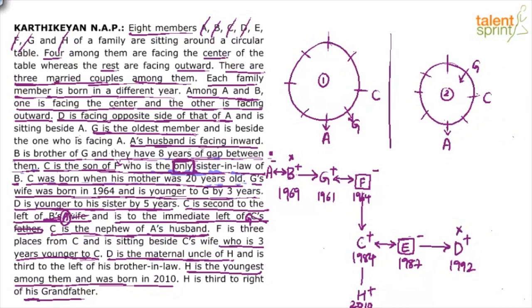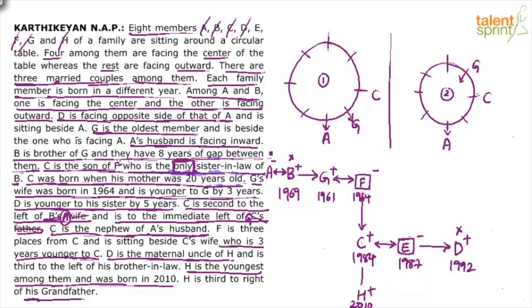D is third to the left of his brother-in-law. Who is D's brother-in-law? C. But C's direction is not known, right? Anything else? D is facing opposite to that of A. Anything given with respect to D? D is third to the left of brother-in-law. Brother-in-law is nothing but C.